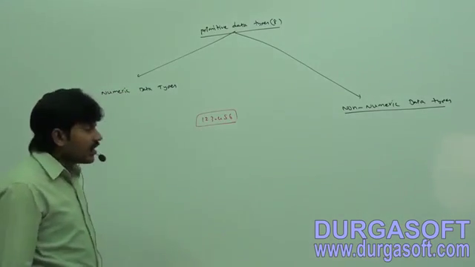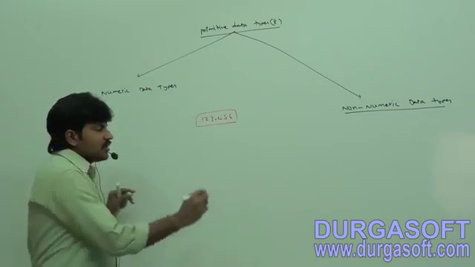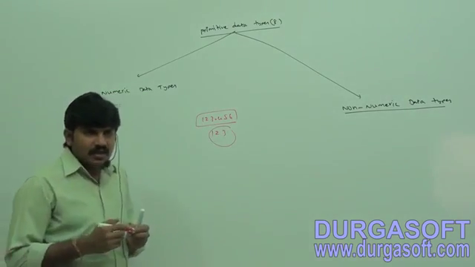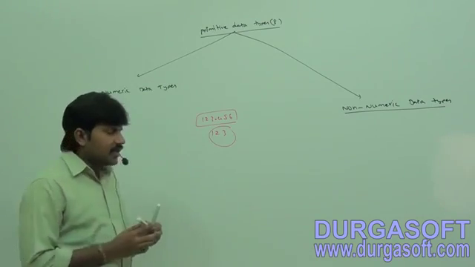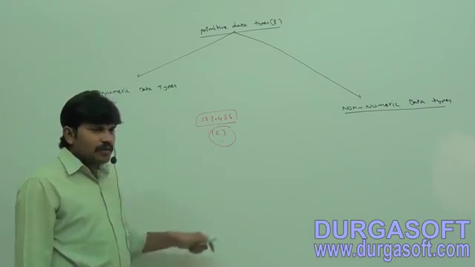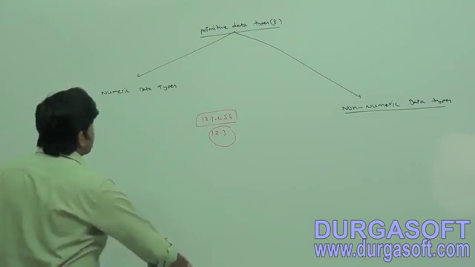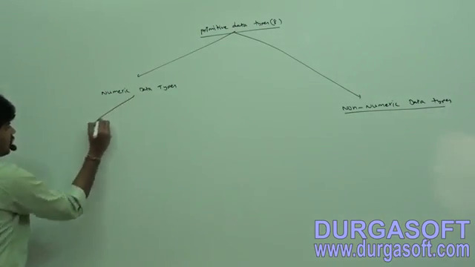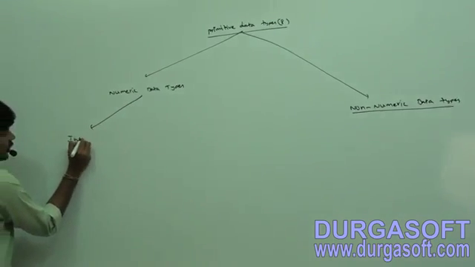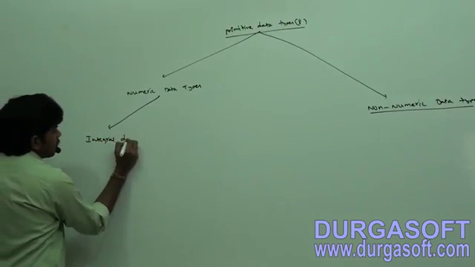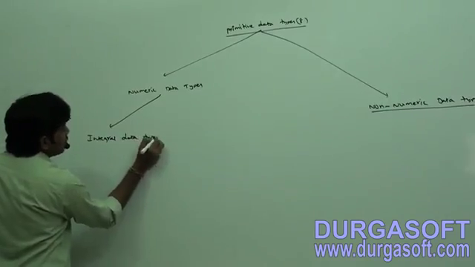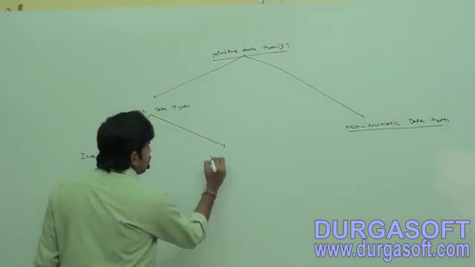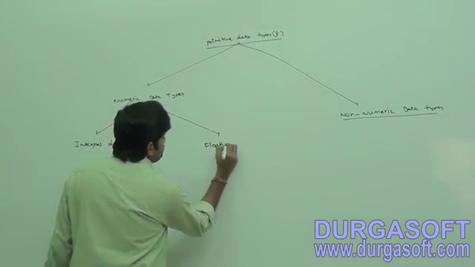This type is floating point. Sometimes my number has no decimal point: integral types. So even in numbers there are two categories: integral type and floating point type.